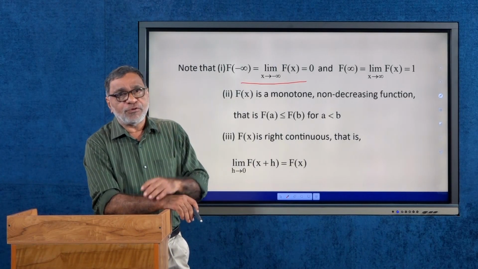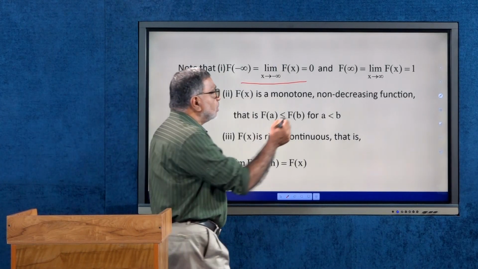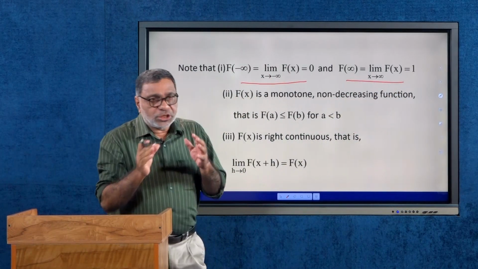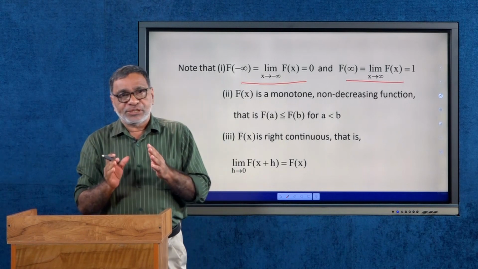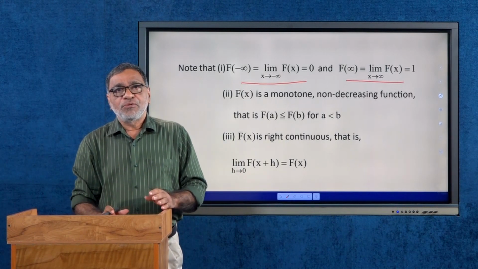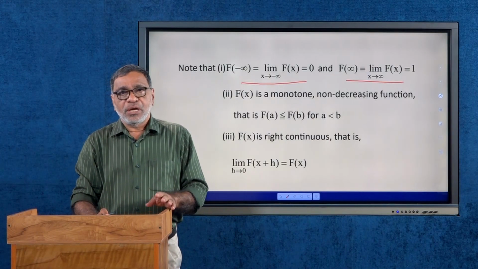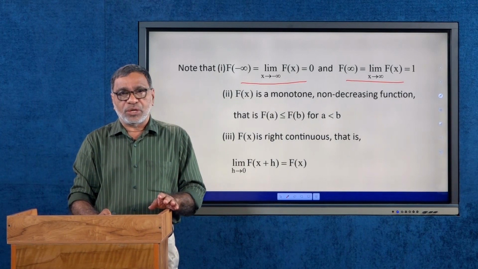The meaning of f of plus infinity is limit x tends to infinity f(x) is equal to 1. So, the distribution function f(x) always satisfies these two first properties, that is f of minus infinity is equal to 0 and f of plus infinity is equal to 1.